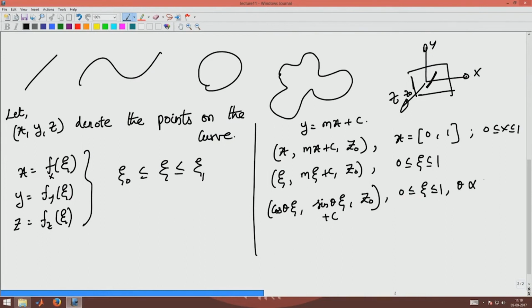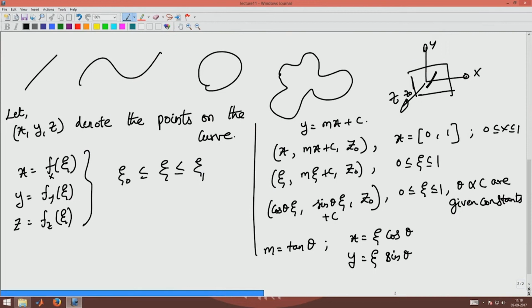Here theta and c are given constants. What I have done here is, I know that m is tan theta, so I have replaced x with psi cos theta, and y with psi sin theta.